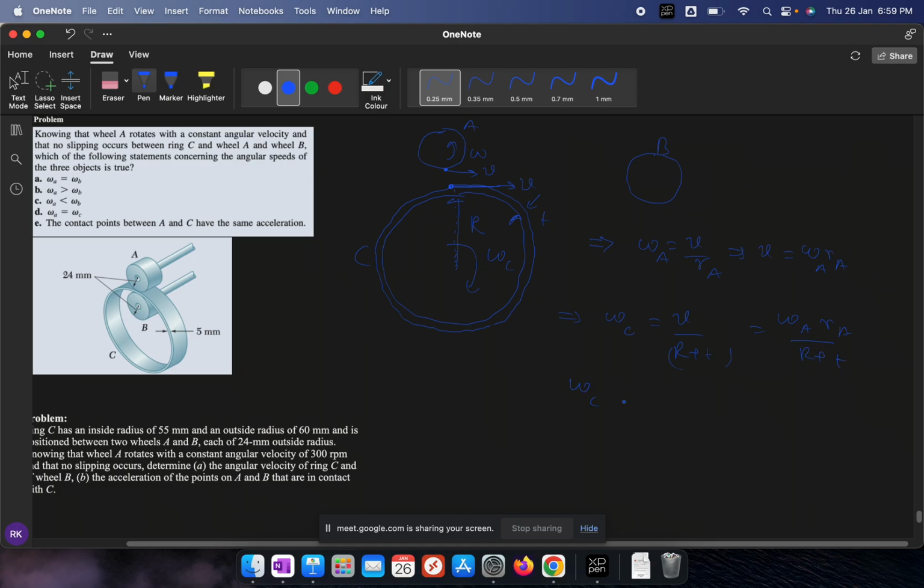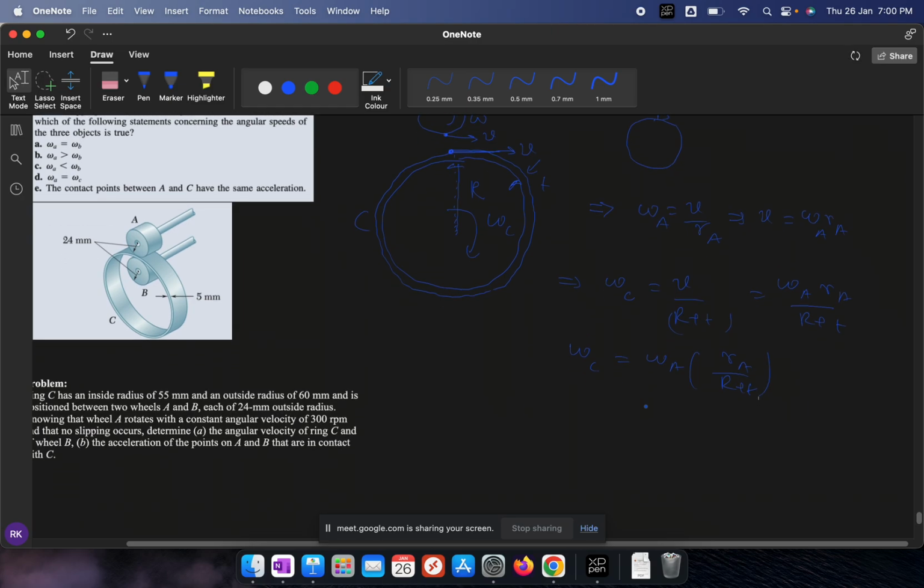So can someone tell me which one is larger, omega A or omega C?